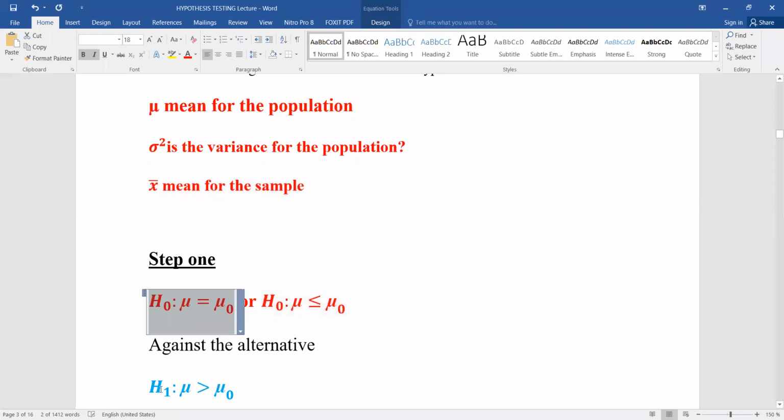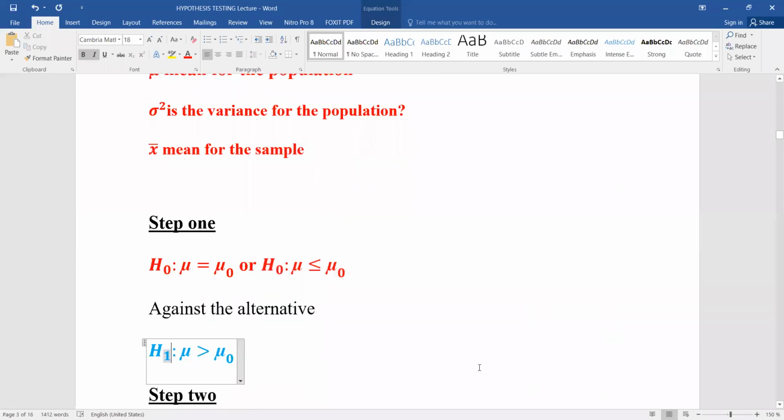Then the alternative H1: mu is greater than mu naught. These two move in different directions. If H naught is saying less than, H1, the alternative, should be saying greater than.